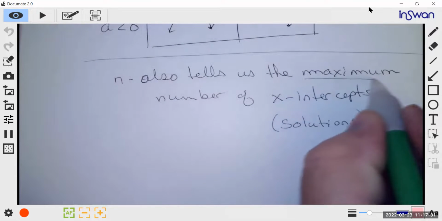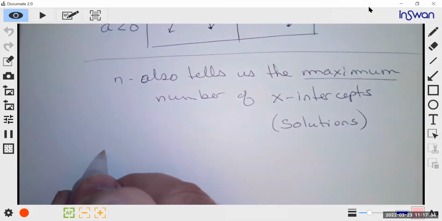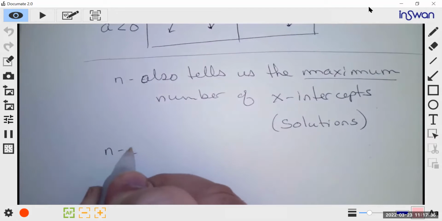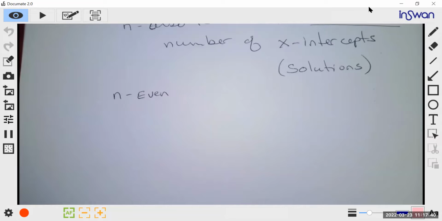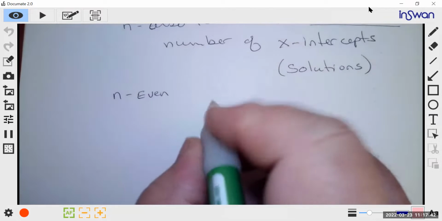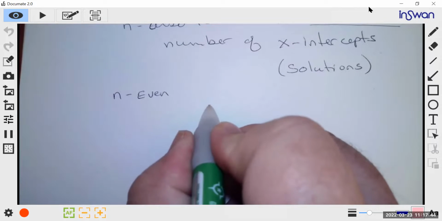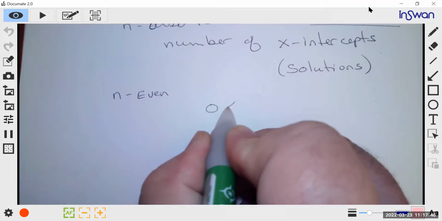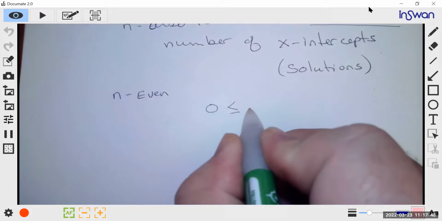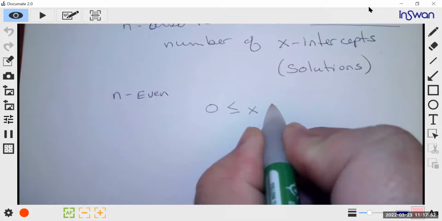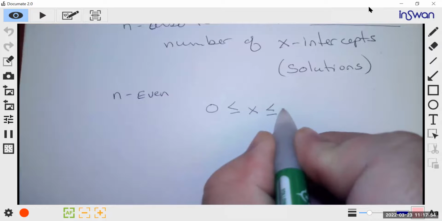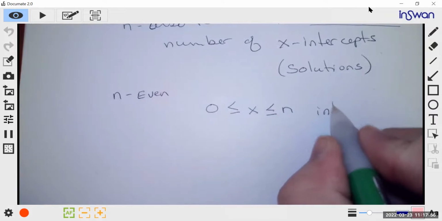Remember, I said maximum number. If n is even, you can have anywhere from 0 to n intercepts.